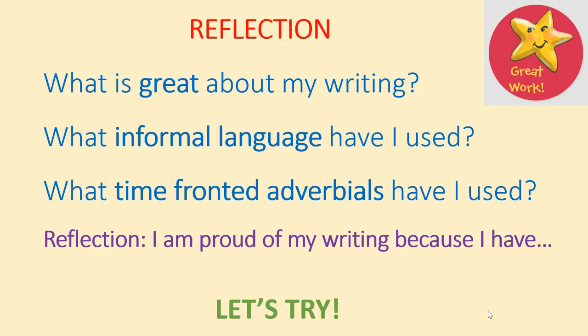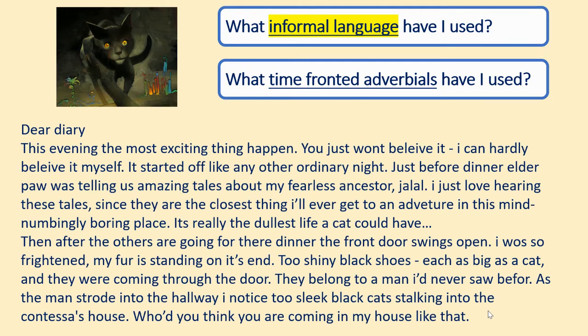What is really great? And because this week we've been working specifically on informal language and time-fronted adverbials, we're going to begin by identifying those in our writing. We're going to go through and identify the informal language and the time-fronted adverbials. So we're reflecting on what we've done well.